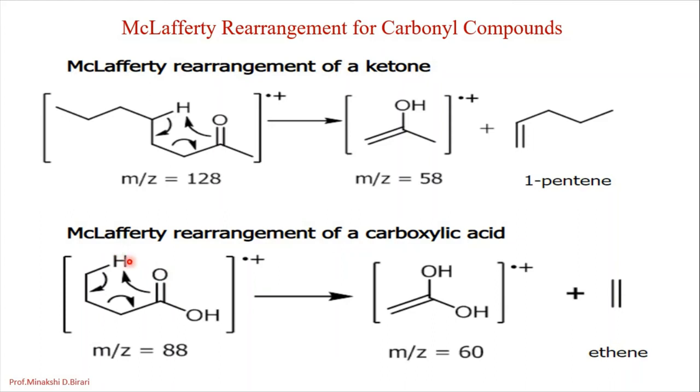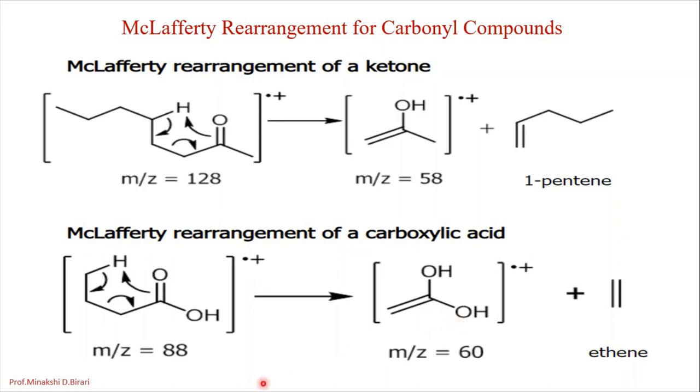The transfer of a gamma hydrogen occurs towards a heteroatom, formation of a six-membered transition state, further the cleavage of the alpha-beta bond followed by the transfer of a gamma hydrogen leads to the formation of enol radical cation and the alkene can be eliminated as a neutral species. So we get the formation of a peak at mass to charge ratio of 60 due to this type of fragment, that is enol radical cation.